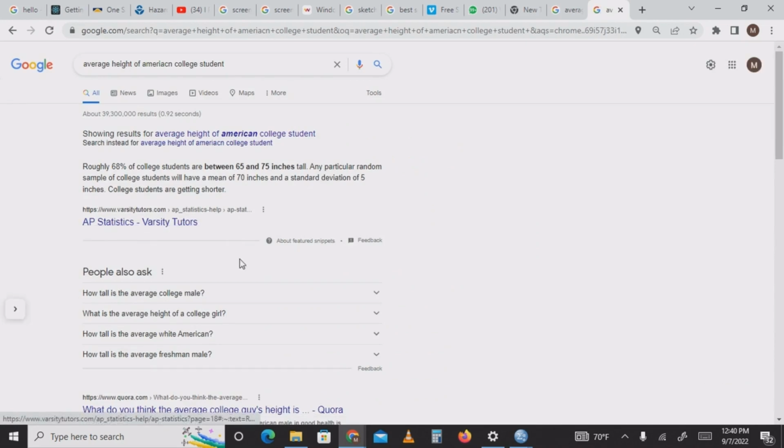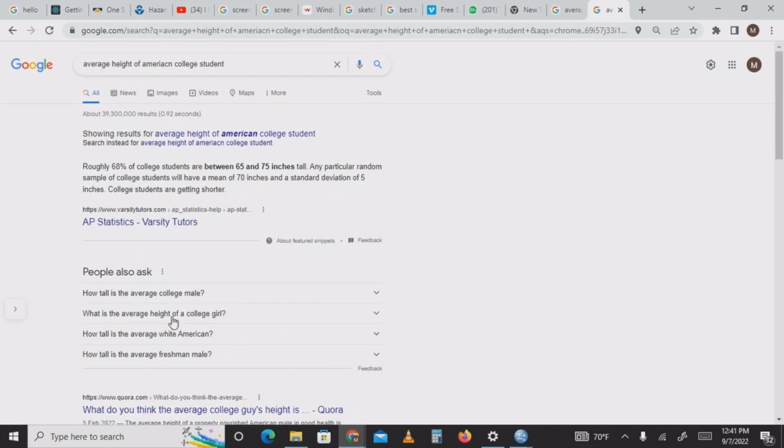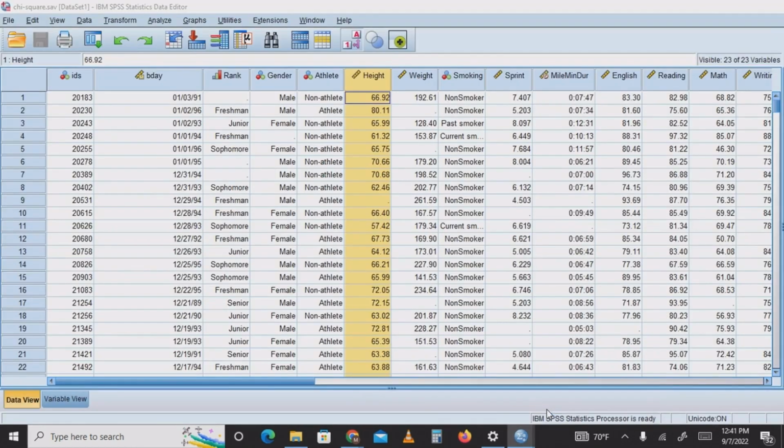They said here that it's a particular value between 65 to 75 inches. I need a particular value. Okay, 70 inches. So let's check whether the students in our school are taller, or shorter than average, or whether their data matches the average. Let's check that. So we have 70 inches, please don't forget.